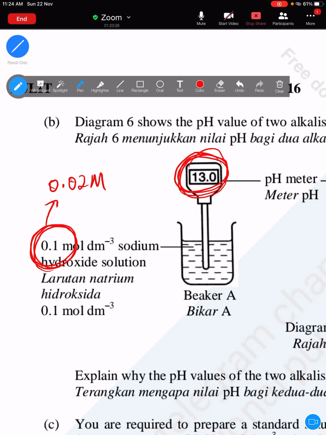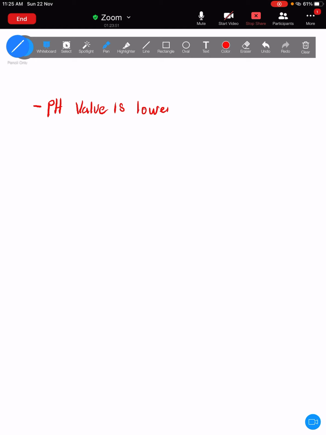So how should I put it into words? Let's change it to words, my dear students. So the answer will be: the pH value is lower than 13.